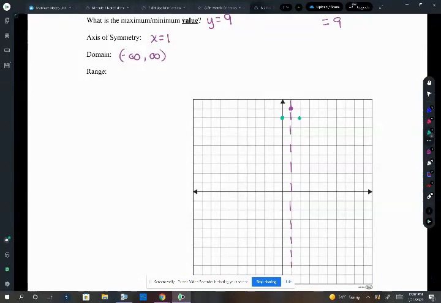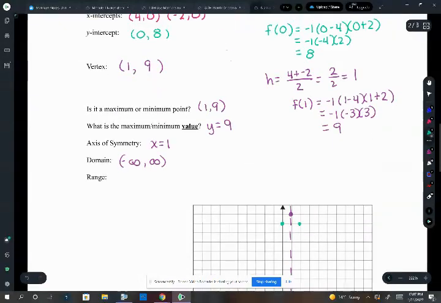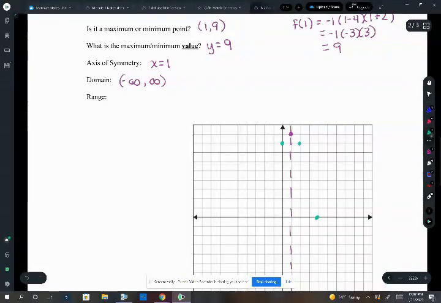So 1, 2, 3, 4. And we have our other x-intercept at negative 2, 0. Notice again, it's 3 spaces to the right and 3 spaces to the left. So when I add those two values together and divide by 2, that's how we get that symmetric line. So we're going to graph our U.